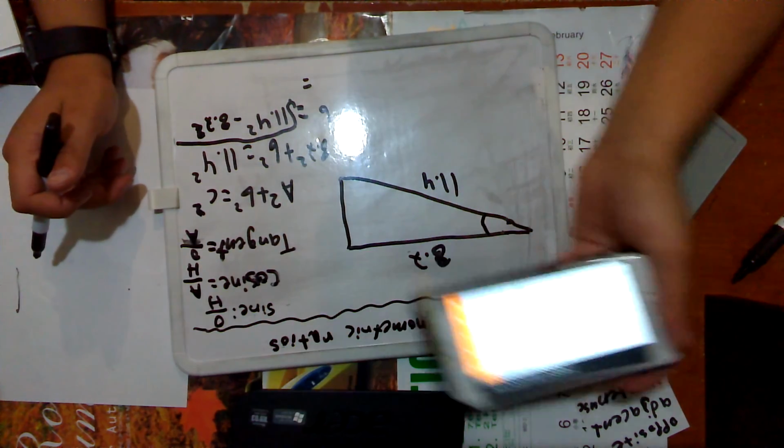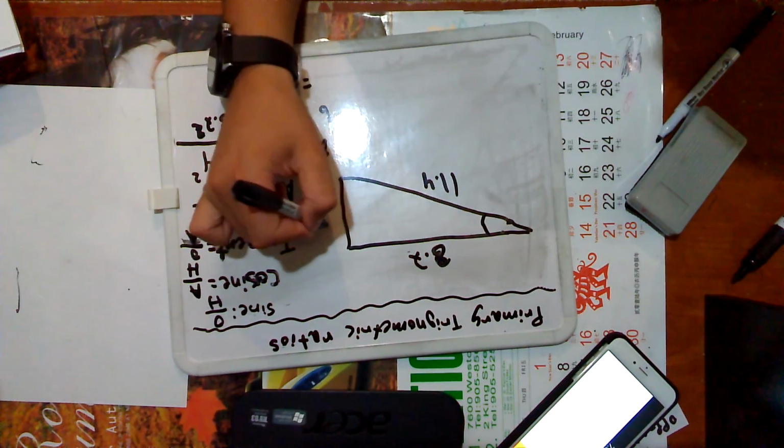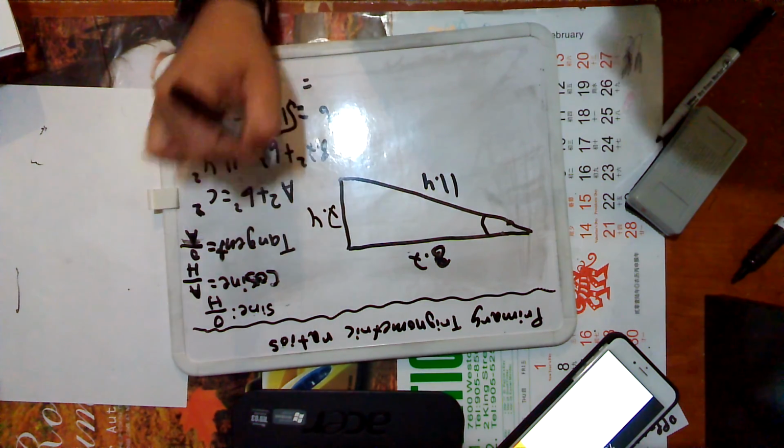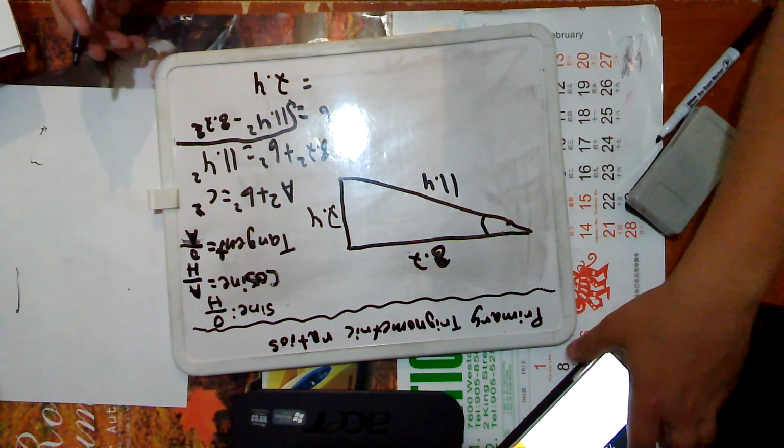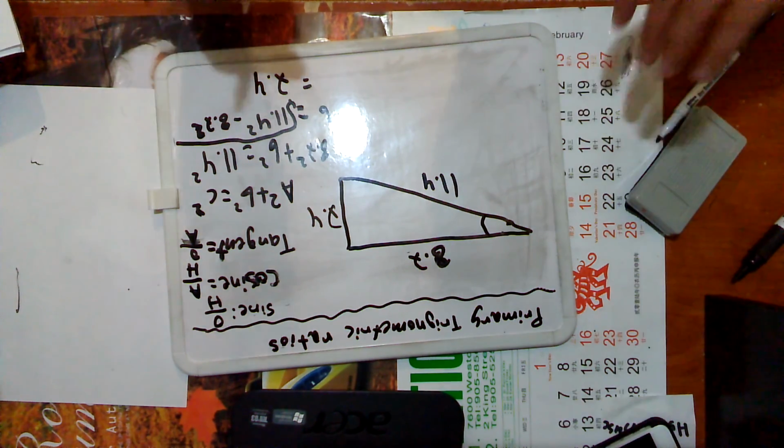Round it off, should give us 7.4. Now we know all sides.